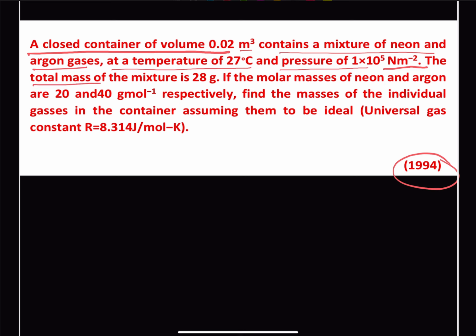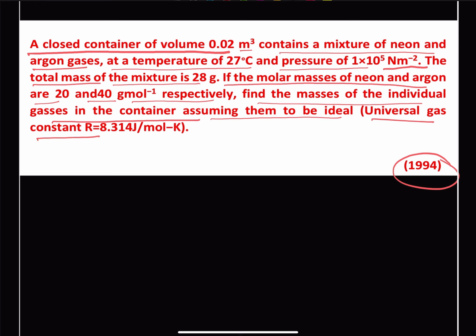The total mass of the mixture is 28 gram. If the molar masses of neon and argon are 20 and 40 gram per mole respectively, find the masses of the individual gases in the container, assuming them to be ideal. The universal gas constant R is 8.314 joules per mole Kelvin.